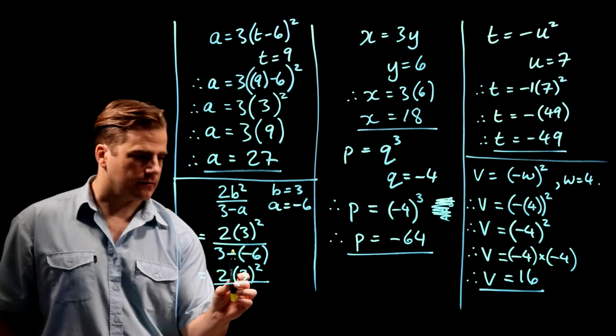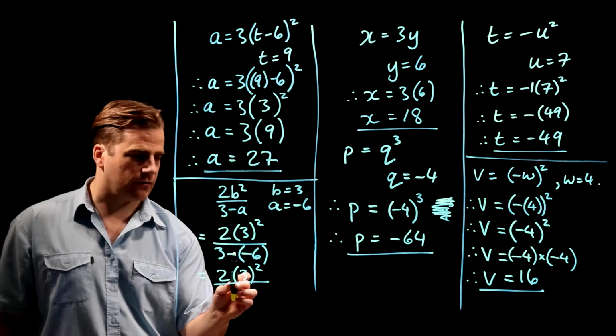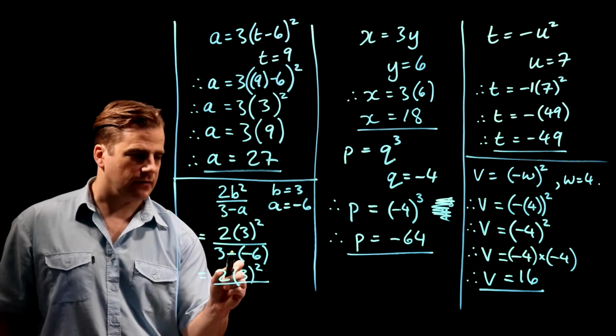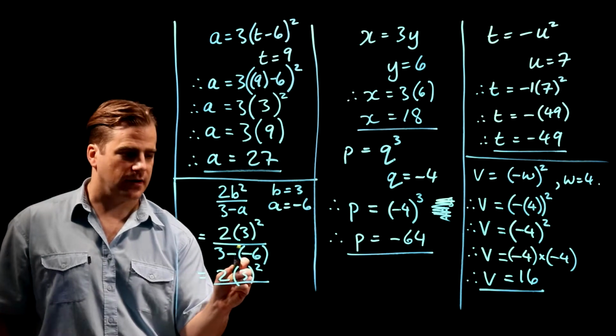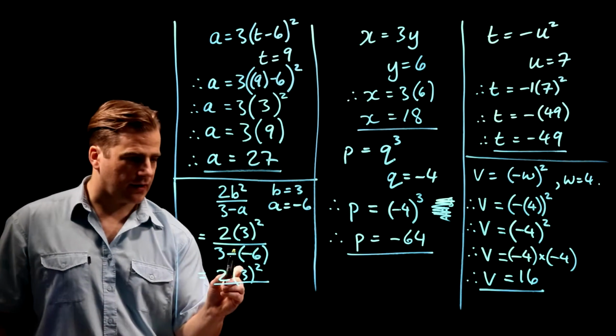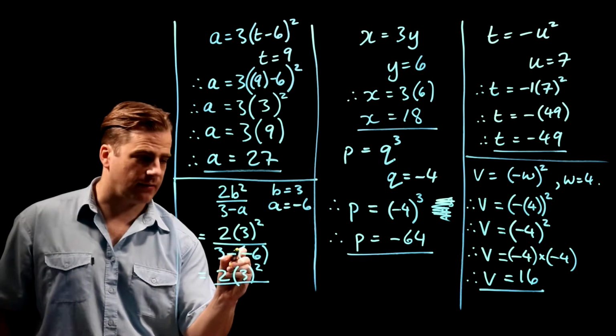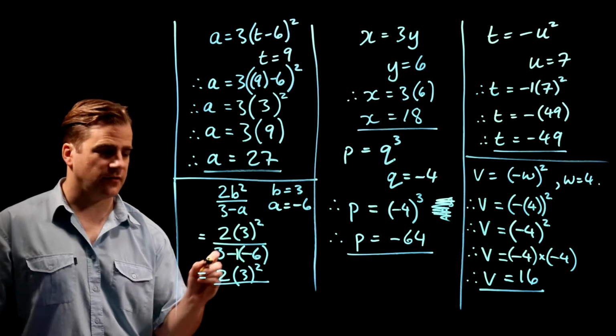So, we can therefore multiply out that bracket. Do the multiplication. Like I keep saying, if you have a minus next to a bracket, there's an invisible 1 there. It's like minus 1 times the bracket.